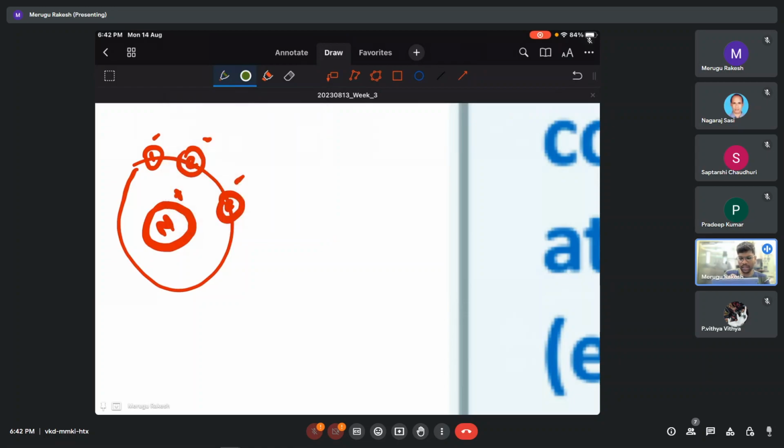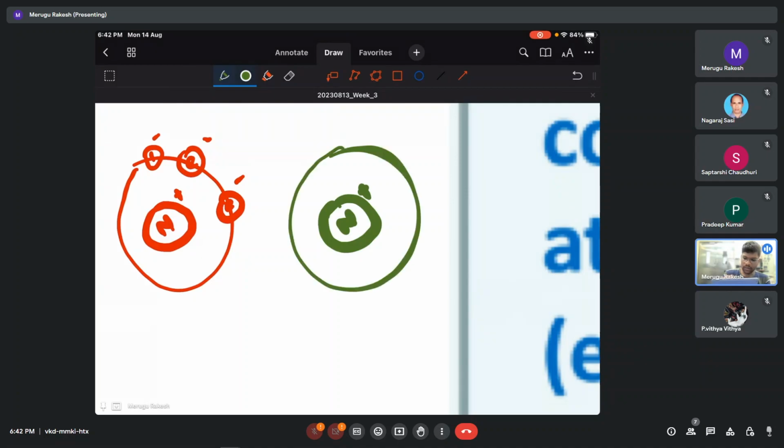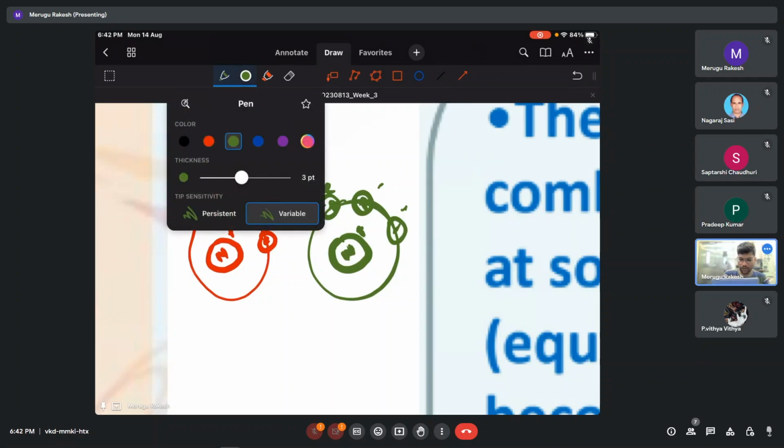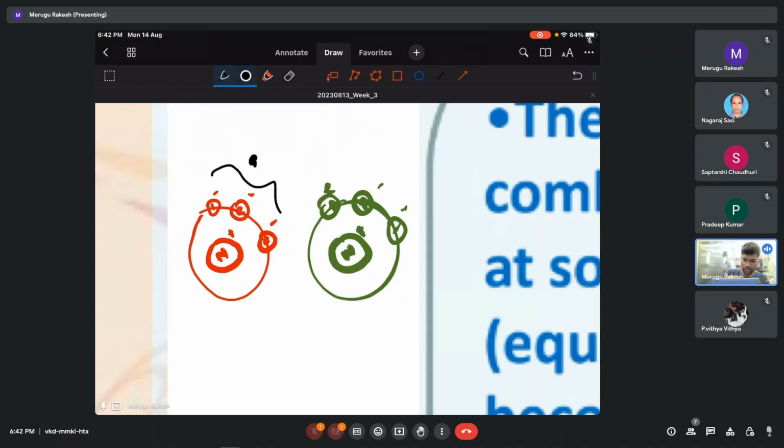Then we have another atom as well, with a positively charged nucleus at the center, and then electrons. Now, these electrons will be attracted to this nucleus, and similarly these electrons will be attracted to this nucleus when they come closer.